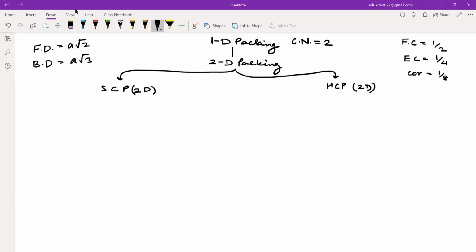The important information to remember is that the packing efficiency of square close packing is 78.5%, and for hexagonal close packing it is 90.6%.